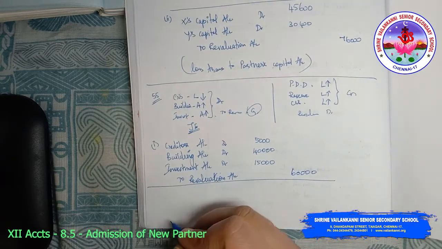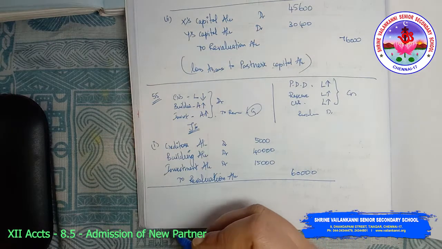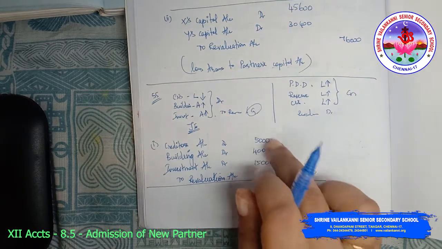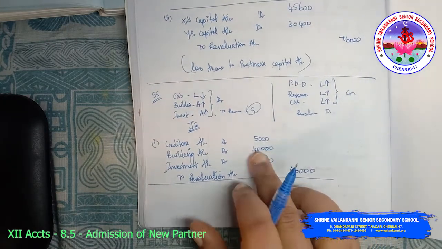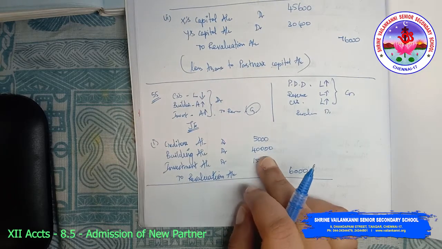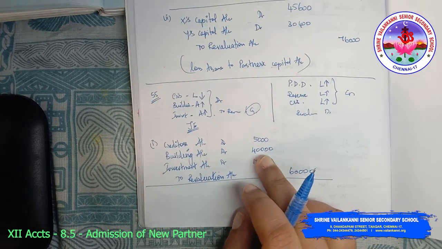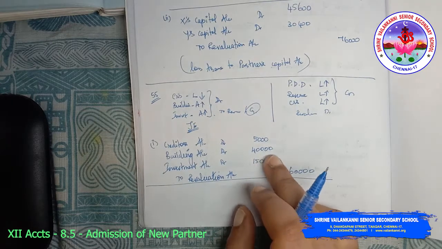First entry over. Being increase in asset and decrease in liability transferred to revaluation account. The narration for this I am repeating: being increase in assets and decrease in liabilities transferred to revaluation account.